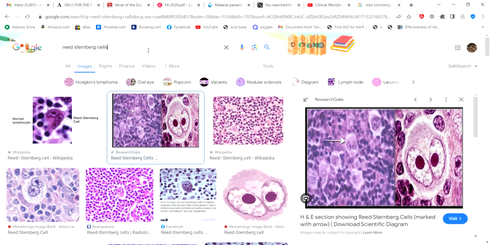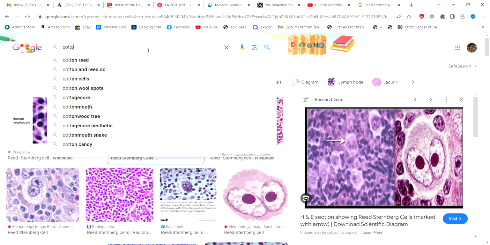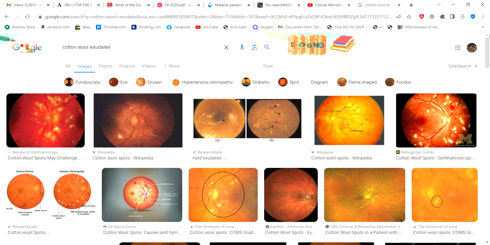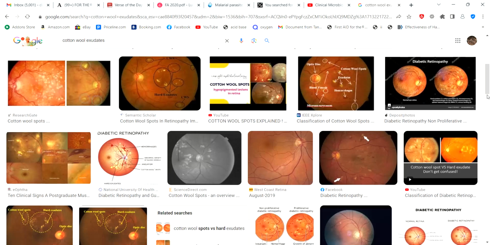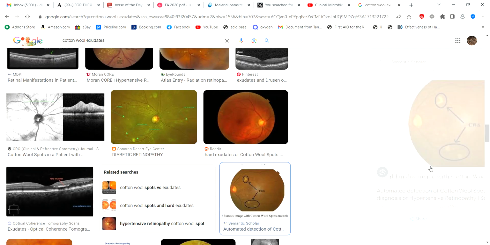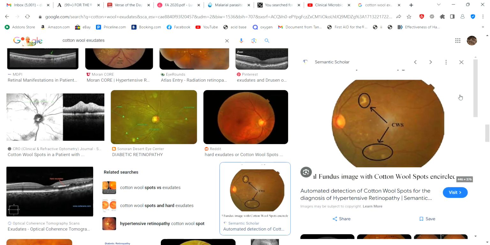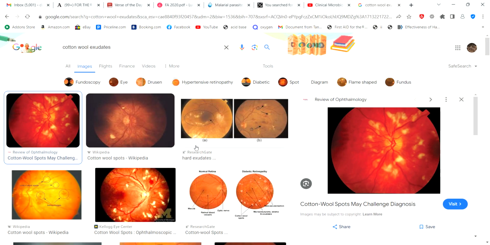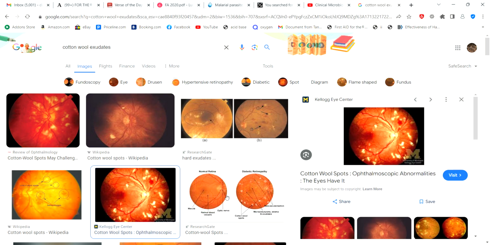What are cotton wool exudates? So this is what that is. It looks like cotton.